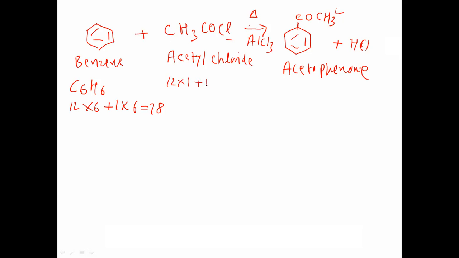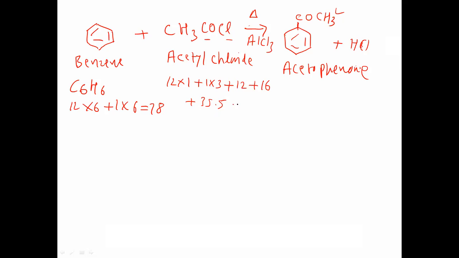One hydrogen is 1 into 3. Okay. But we have one more carbon over here. So that we should add over here, 12. One carbon is 12. Plus one oxygen. One oxygen atom is 16. Plus one chlorine atom is 35.5. Okay, this is the way you can do it.